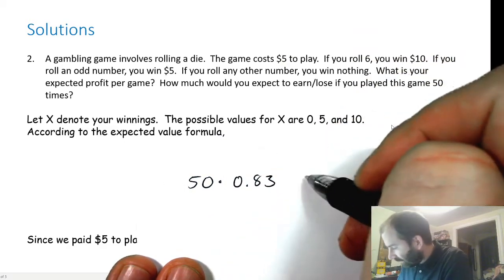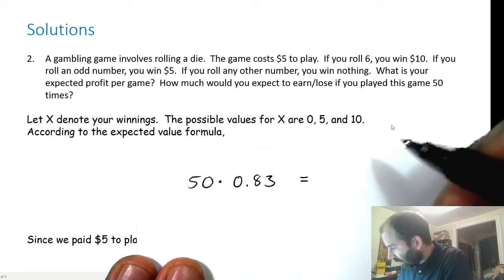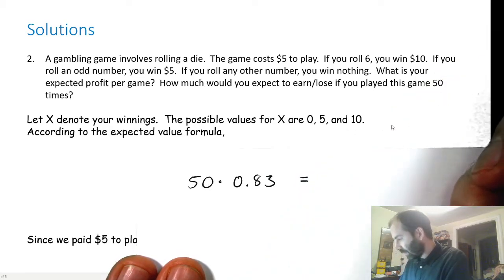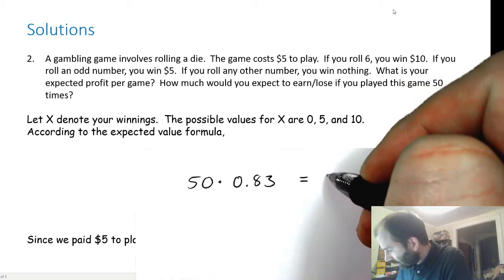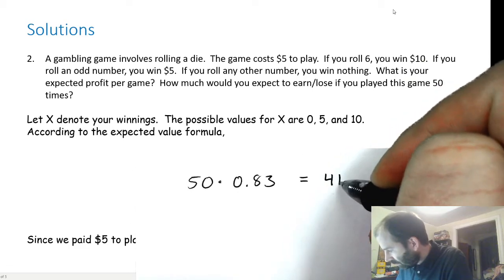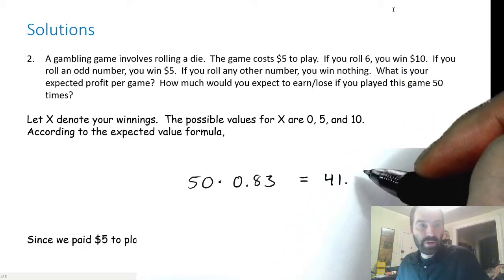What is that? So that's, let's just do that in a calculator here. 83 cents times 50. $41.5.